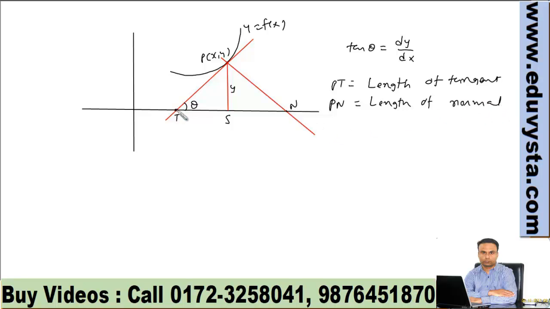Can I say ST is the projection of PT on the x-axis? So this ST is called the length of subtangent. Then what is SN? This will be called the length of subnormal, which is the projection of the length of normal on the x-axis. So SN is the length of subnormal.